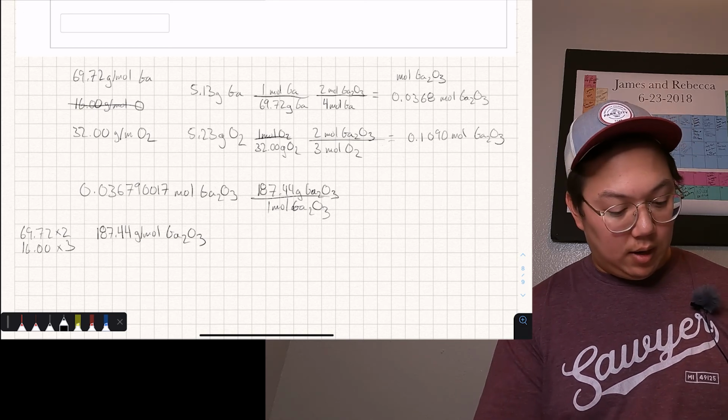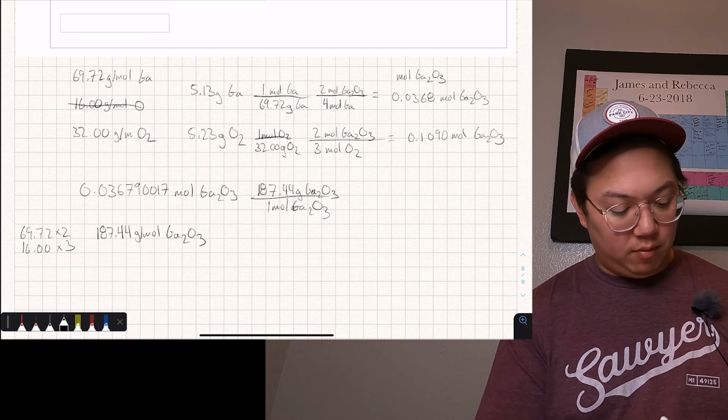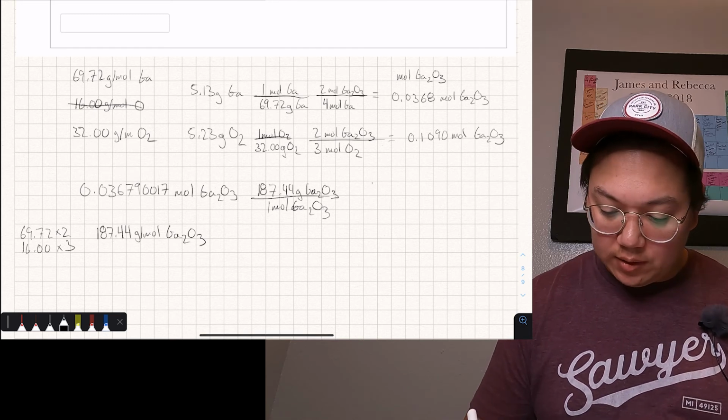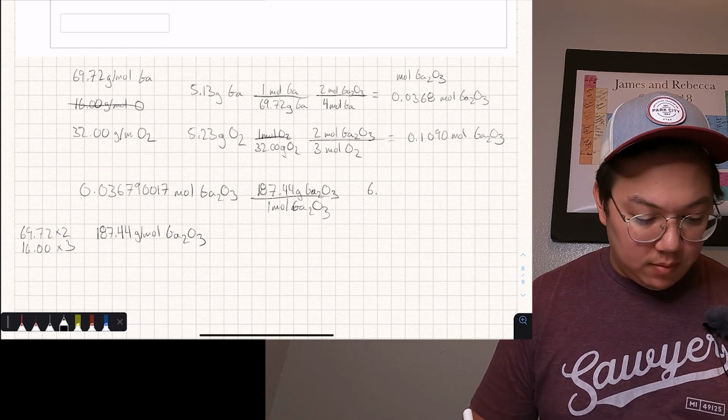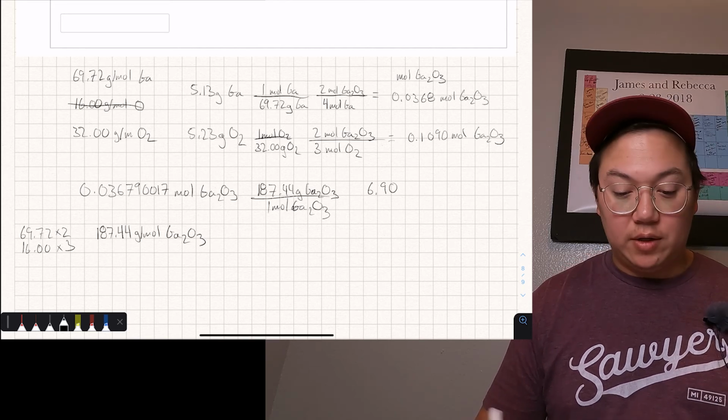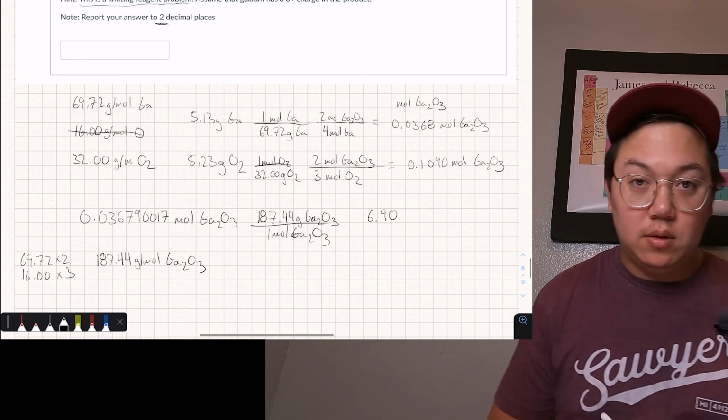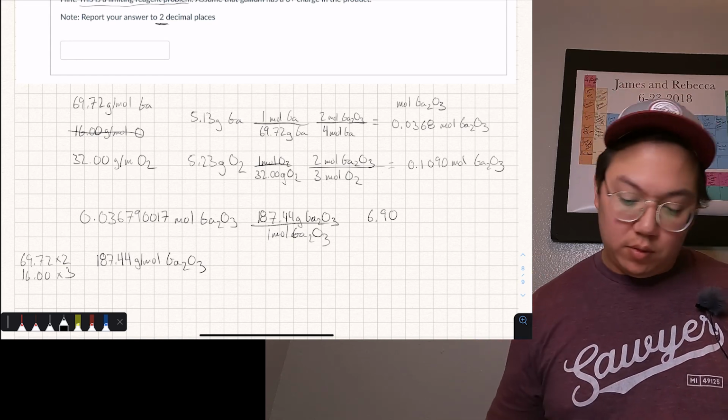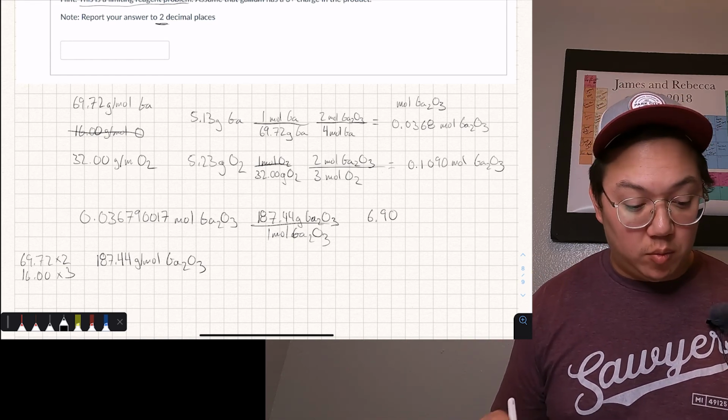So we'll take our number up there, 0.03697 times 187.44, and we'll get 6.90, right? So we want 2 decimal places, and that's rounded. So we're going to round to that second decimal place.